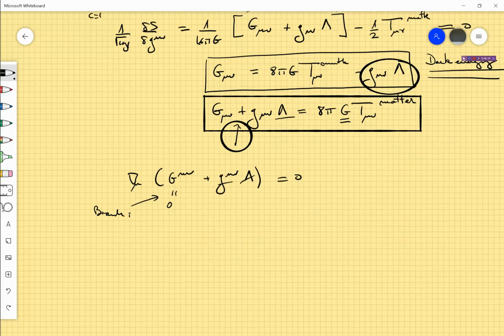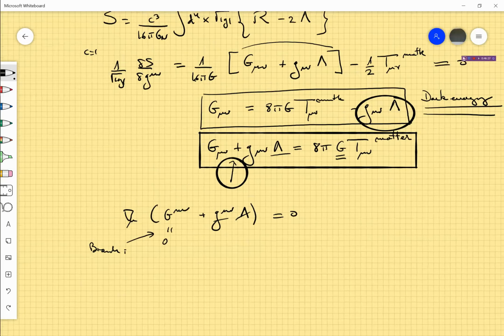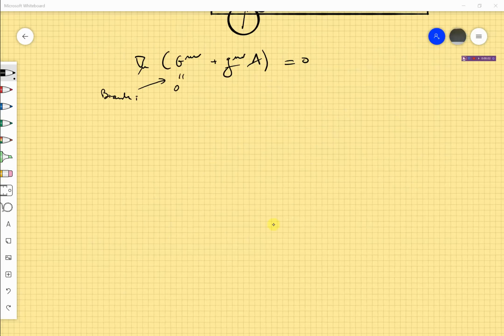Okay, so it is as simple as that. In the case in which the matter tensor is 0, so there is no matter, in the vacuum case, you see now that vacuum means nothing different in presence of a cosmological constant. So some people would call it really vacuum when there is no cosmological constant either.